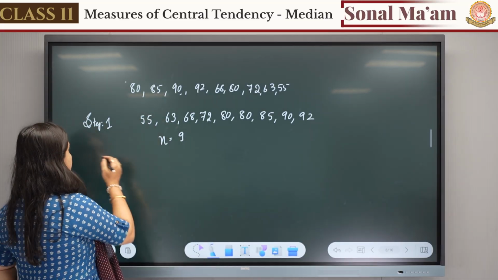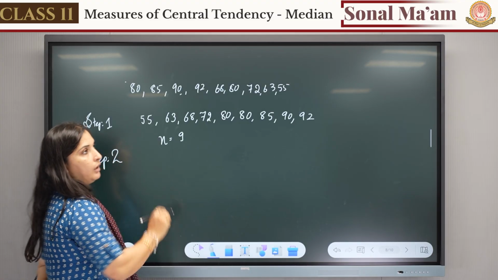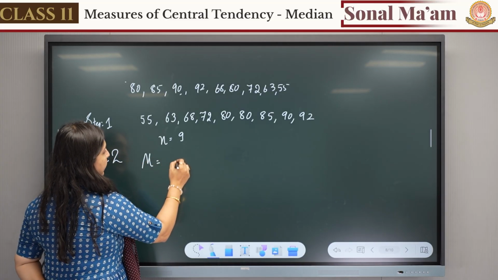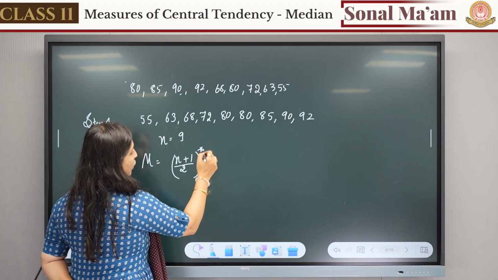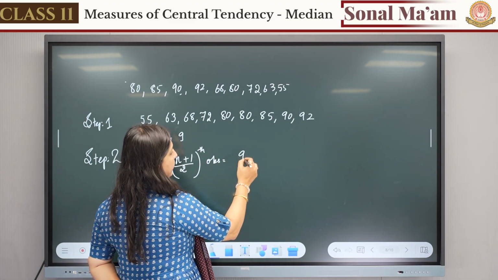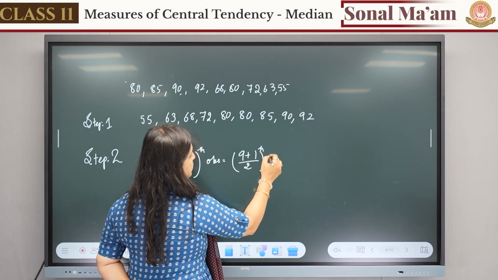Now step 2. We have raw data. What is our formula for M? My formula for M will be n plus 1 by 2th observation. Here my n is 9, plus 1 by 2th observation.